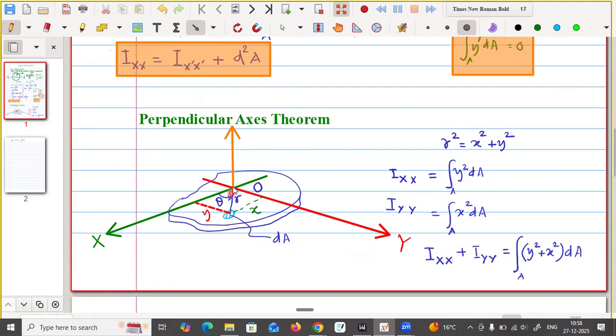Therefore, if this is the z axis, I can write from the same definition that Izz is equal to the integral of r square dA.